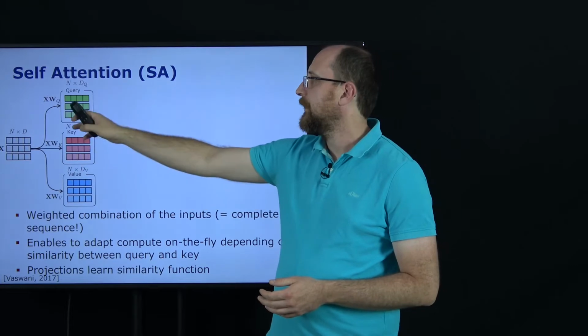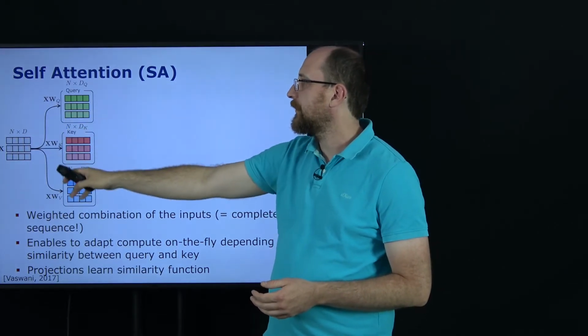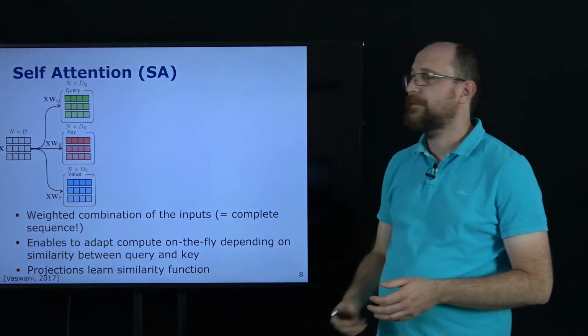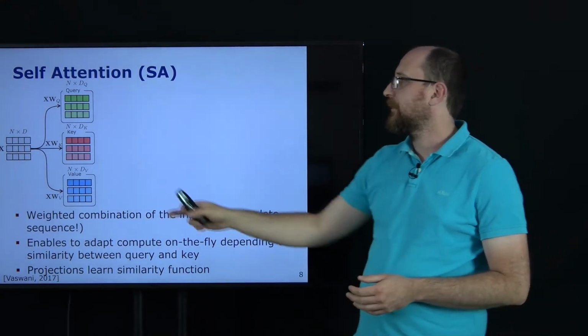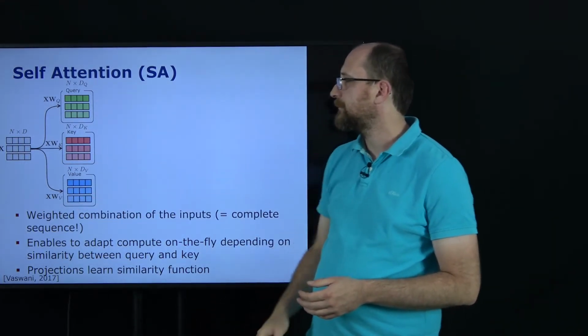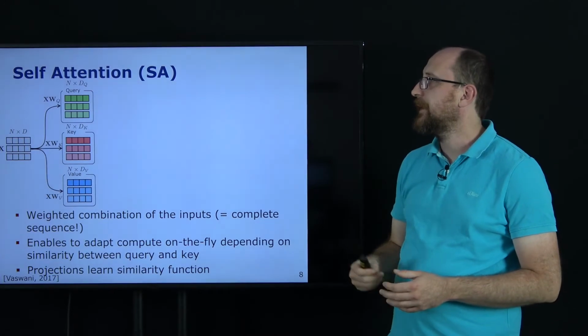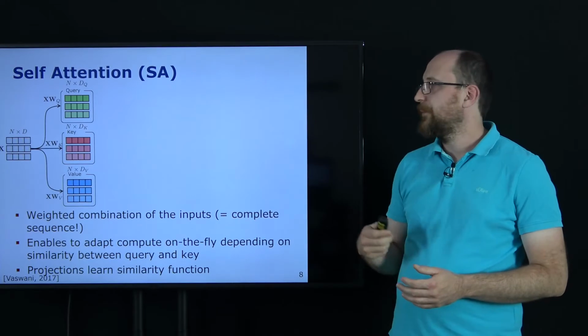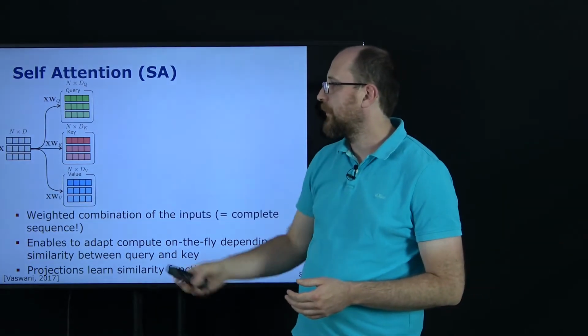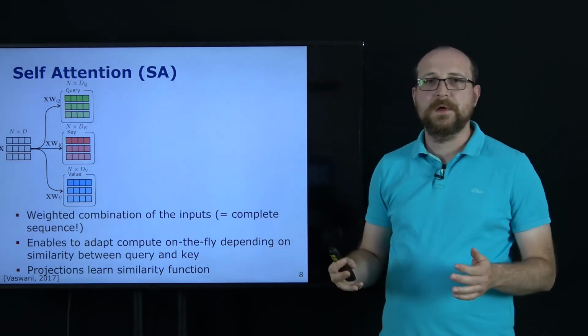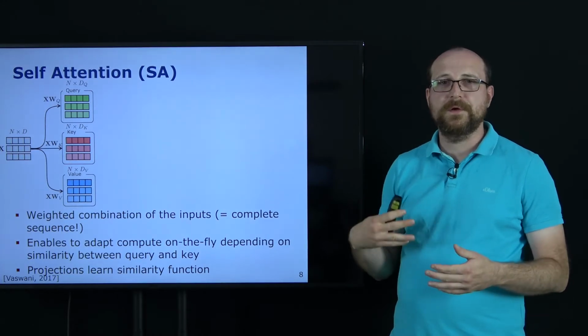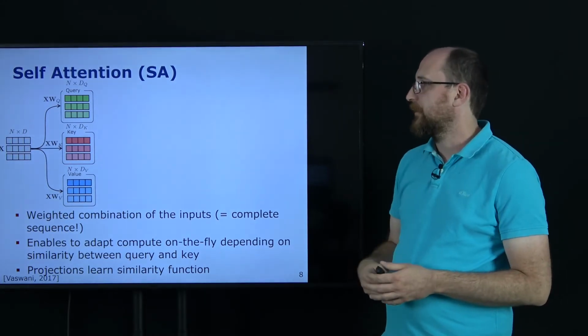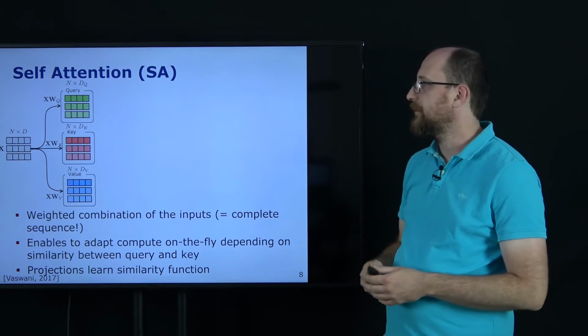These are the learnable parameters of the self-attention layer. So we have linear weights for the query, for the key, and for the value. And this query and key are now used to produce weightings that we can then use for the values to combine them into new vectors, so to basically transform them into new vectors.